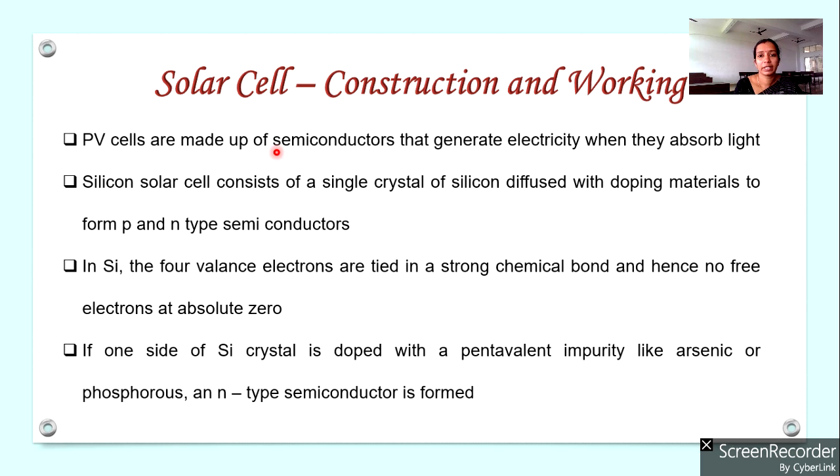Even though these electrons are free, they are present in the valence band, in the outermost shell of the atoms, and they are valence electrons. If these electrons have to conduct, we have to supply energy. These electrons have to be excited from their valence band to the conduction band.